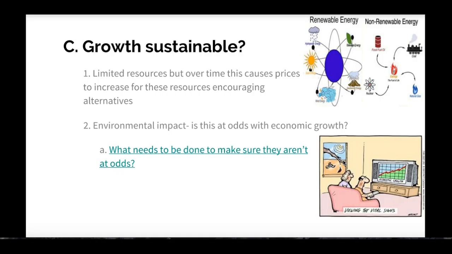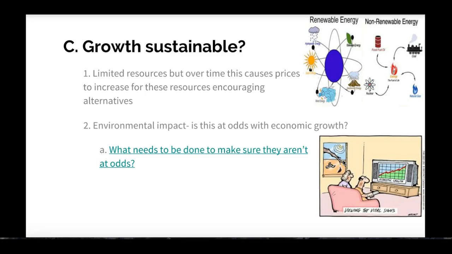I do have a video clip here. I will post this on Canvas right below because it's like 8 minutes long, but it is looking at China specifically, because China has the largest economic growth rate currently. However, they are also the largest emitter of fossil fuels.